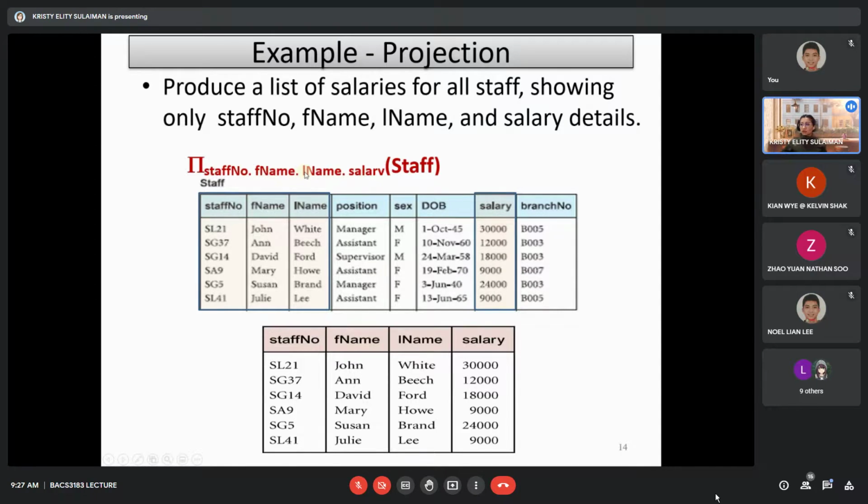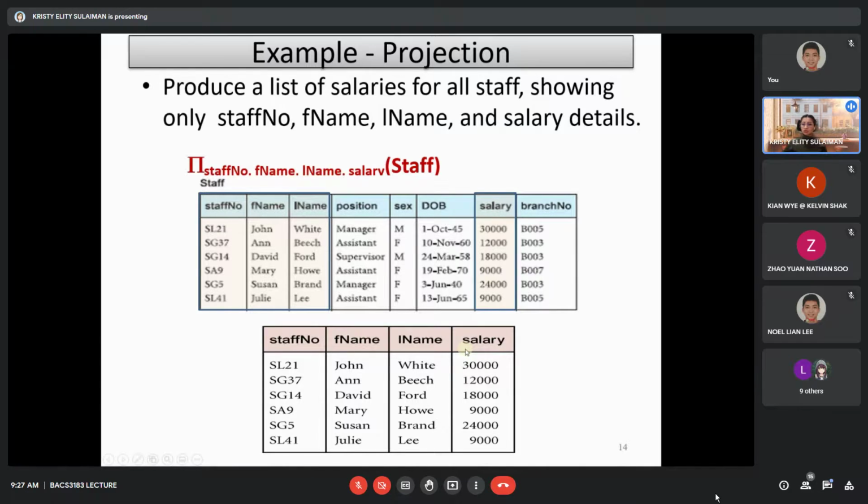The result of this operation will give you this result. It gives you the staff number, according to the order, the first name, the last name, and also the salary. So this is a projection.